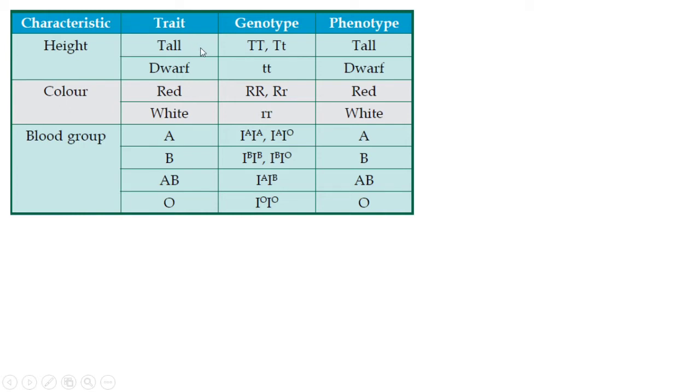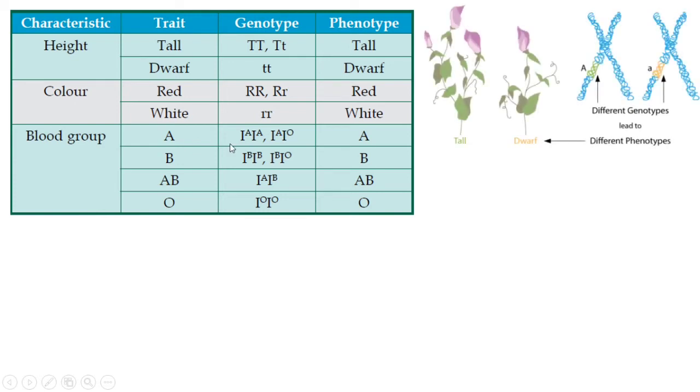Color of flower: red and white. This is the characteristic in human: trait is the blood group. The characteristic is height, and the trait is tall and dwarf.